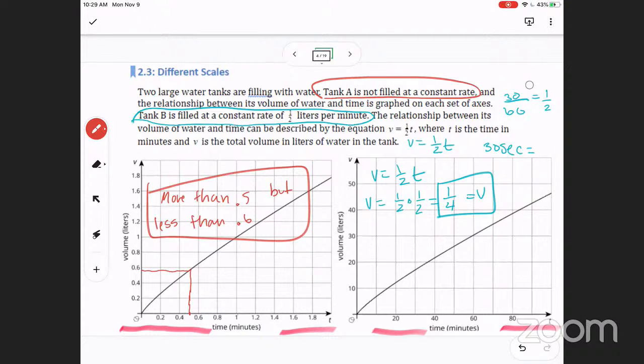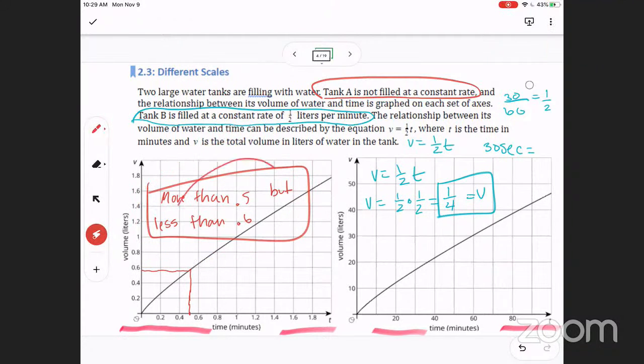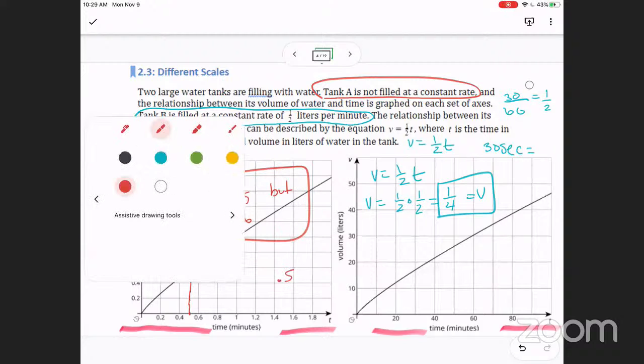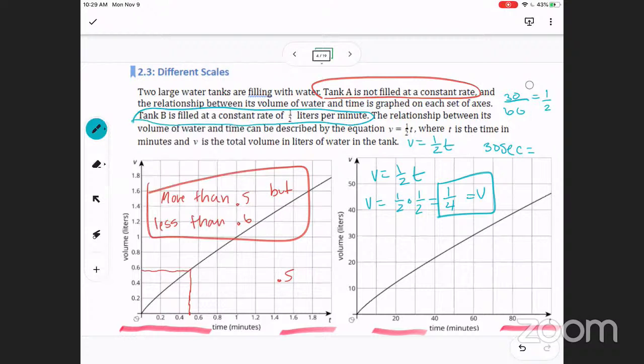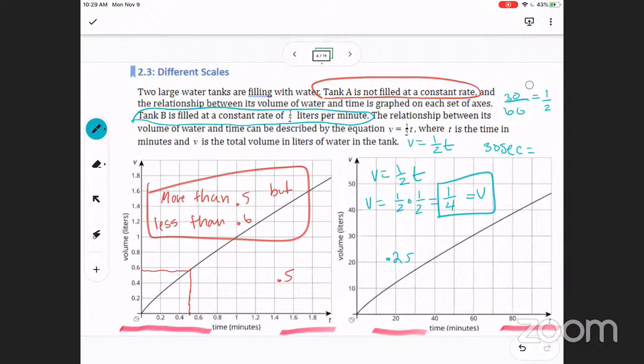At 30 seconds, red would have 0.5, right? Up a little bit more than 0.5. And then 1/4 would be 0.25, if I'm correct, right? Yeah, 1/4 is 0.25. And I believe 0.5 is double 0.25, right?